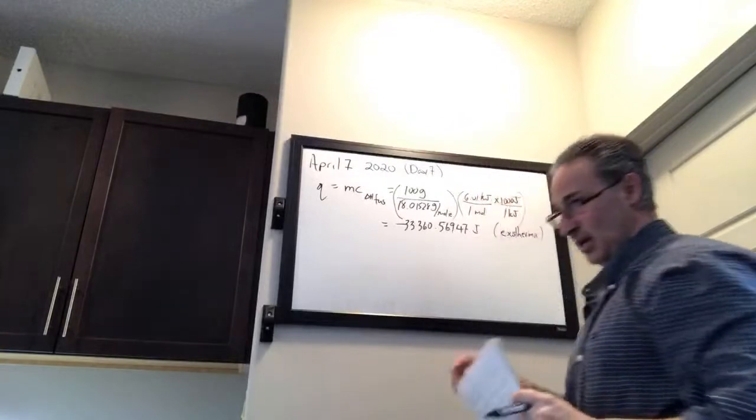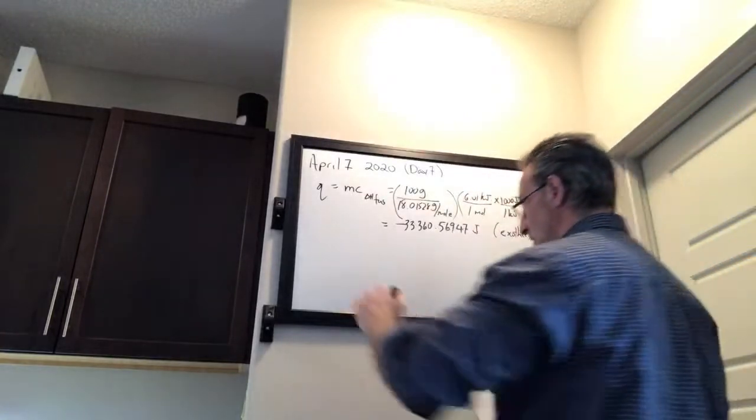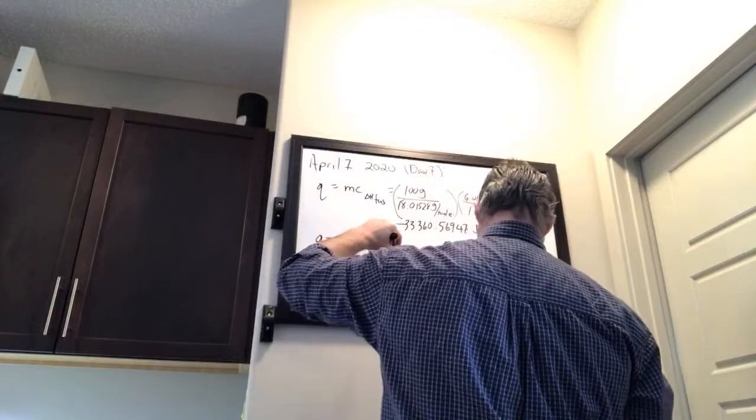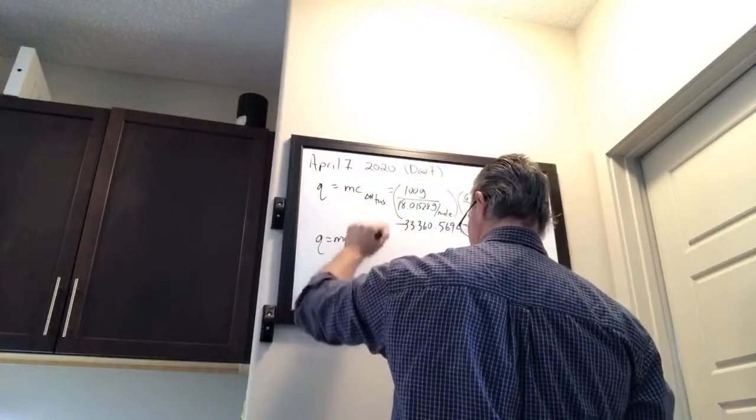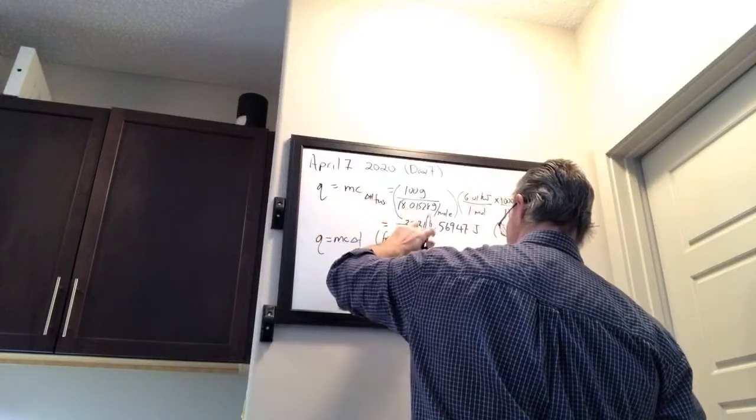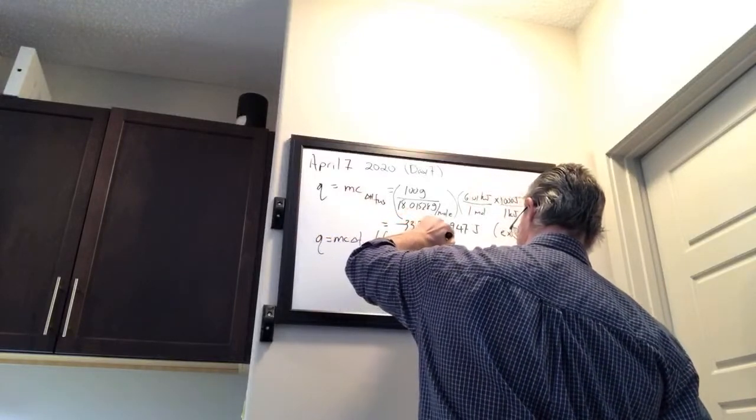And the last bit is you're cooling the ice. And you're going to use Q is equal to MC delta T for that one. From 0 to negative 30 degrees Celsius.